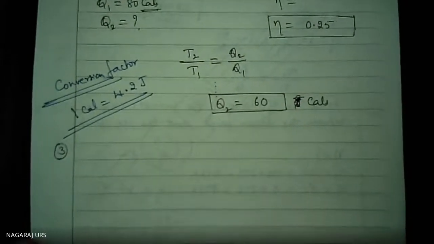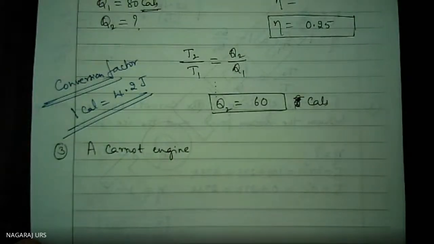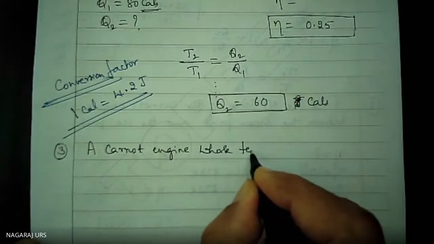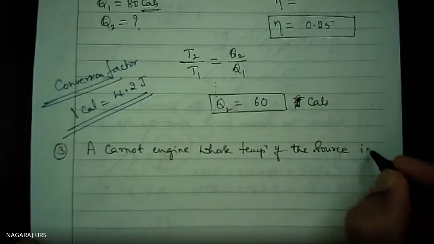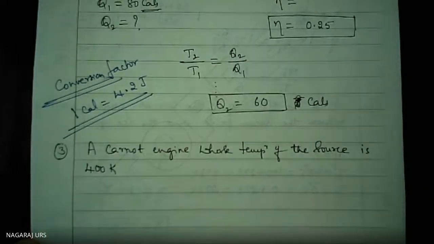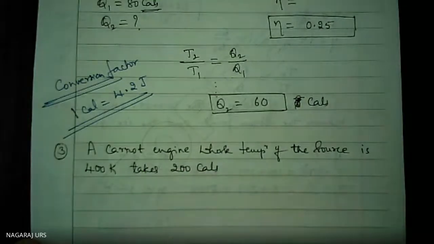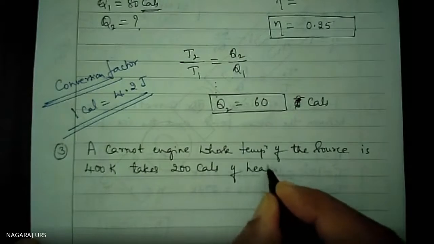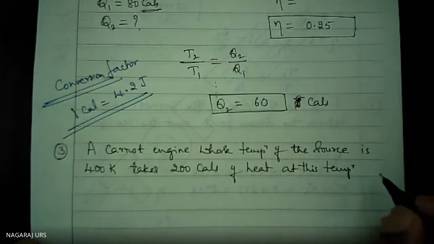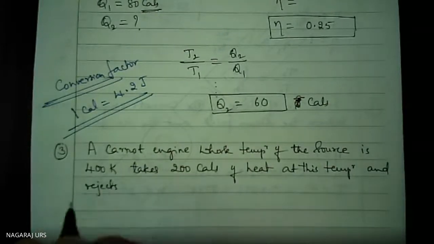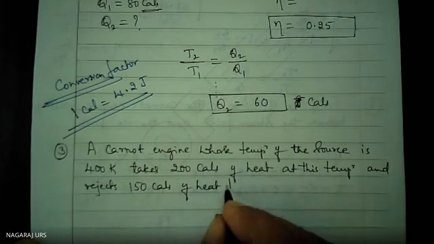A Carnot engine whose temperature of the source is 400 Kelvin takes 200 calories of heat at this temperature and rejects 150 calories of heat to the sink.